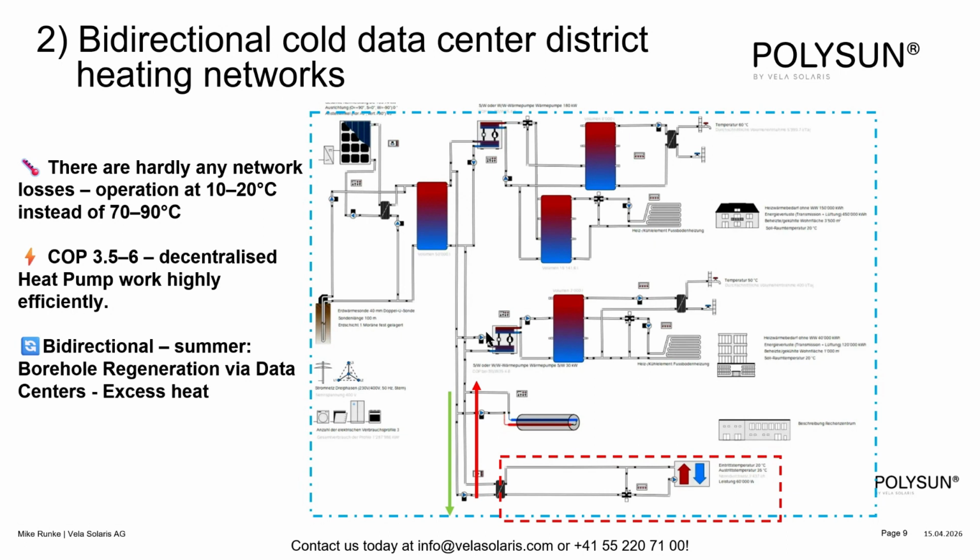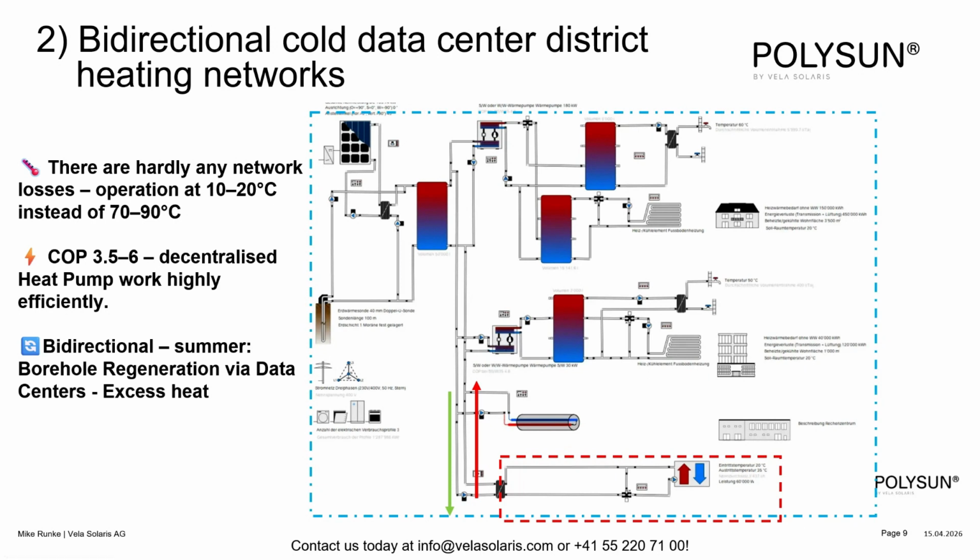In this system, and this is a more sophisticated take on data center district heating, the data center feeds its waste heat, which has a temperature of between 20 and 35 degrees Celsius, directly into the cold network. The connected buildings, apartments, offices, or schools, they have decentralized heat pumps, which you can see here in the screenshot.